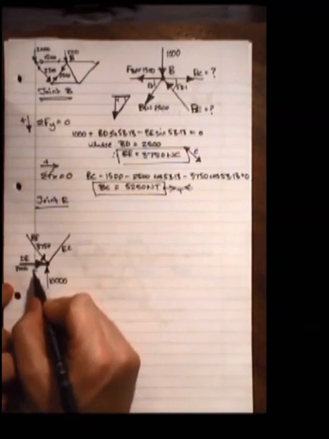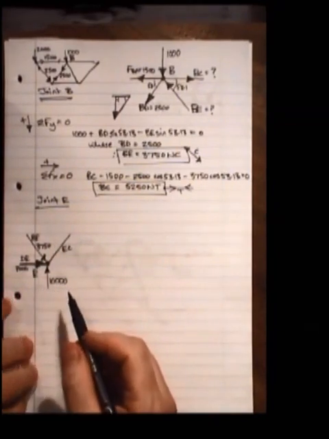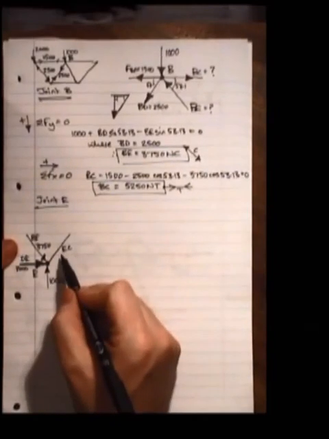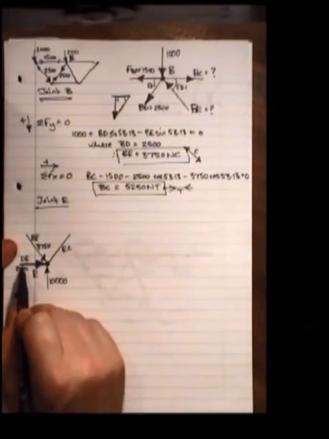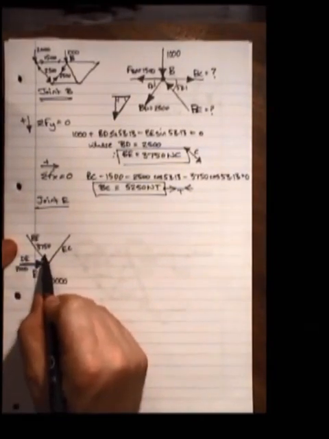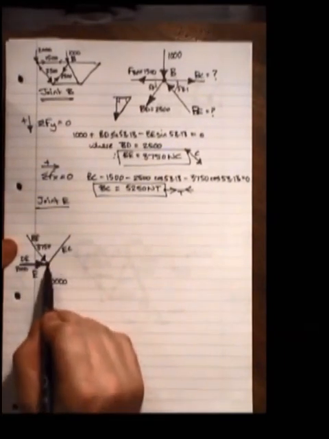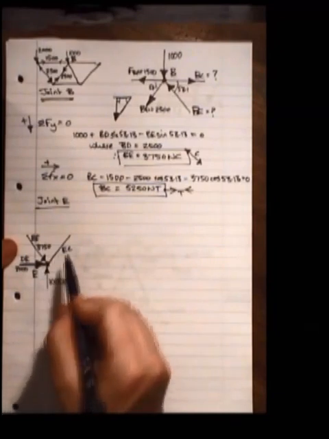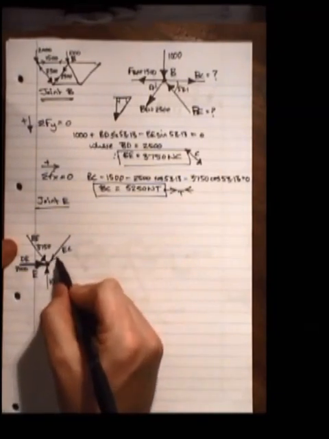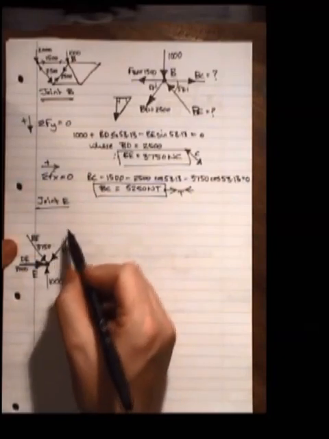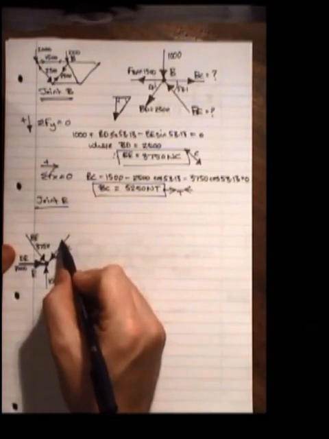So now we're working with joint E. If we look at this joint here, we've got DE pointing to the right, BE pointing to the right. To stop E from moving, AC is going to be pointing to the left. So the arrow is pointing outwards, so you can see that AC is going to be in compression.